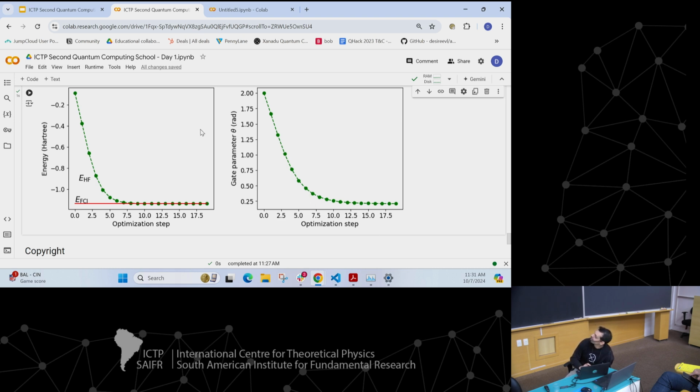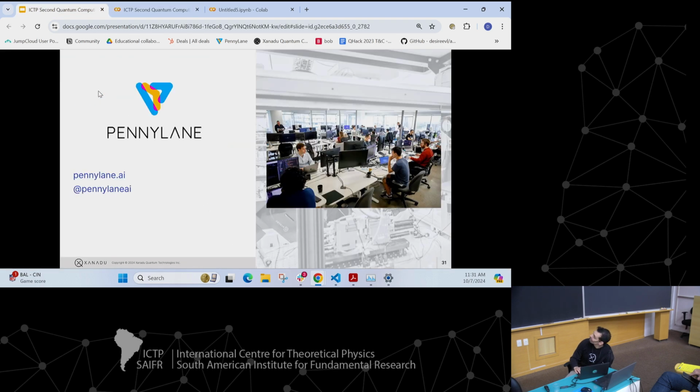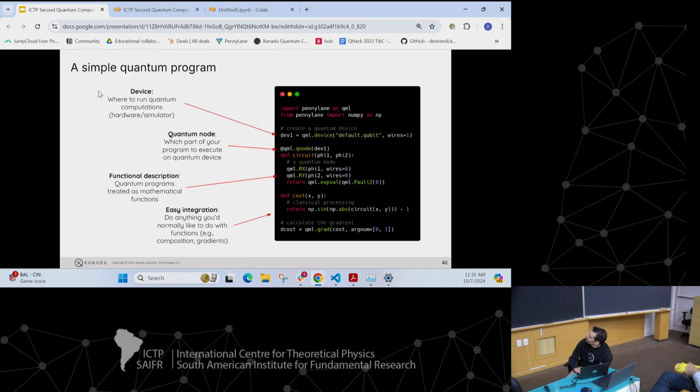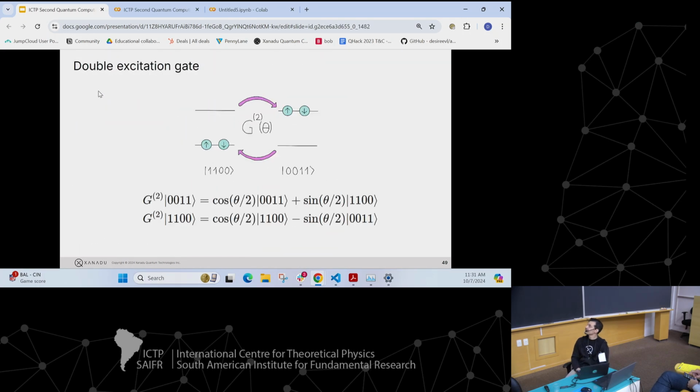Yeah, so the physical interpretation of that, you can see it here.